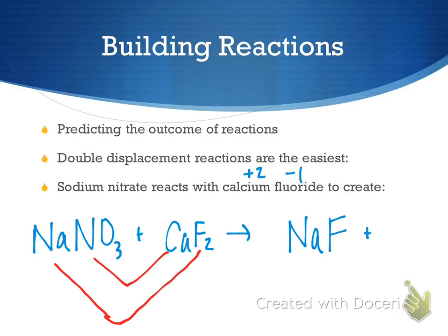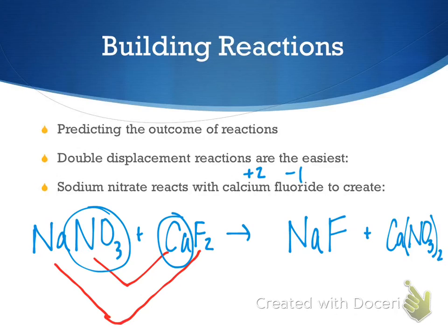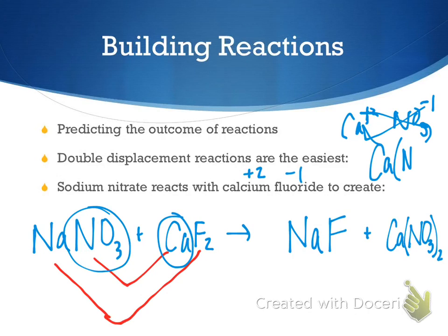Okay, calcium nitrate. Calcium is a +2. So how many nitrates do we need? We need 2. Okay. So if I take calcium and nitrate and I build a new compound, calcium is +2, nitrate is -1. So I'd cross those charges down. That's how I got Ca(NO3)2. Okay, does that part make sense?